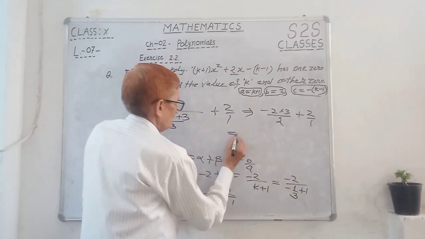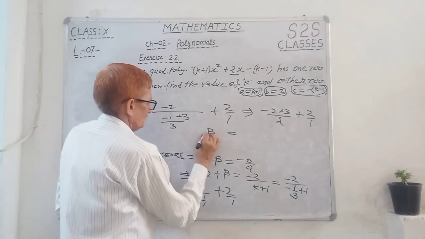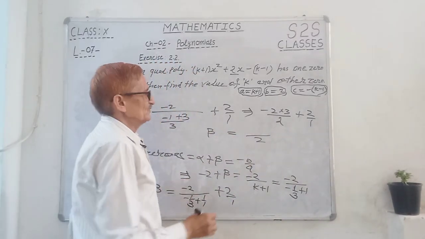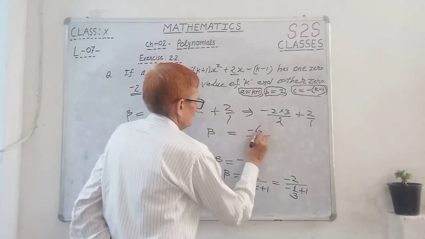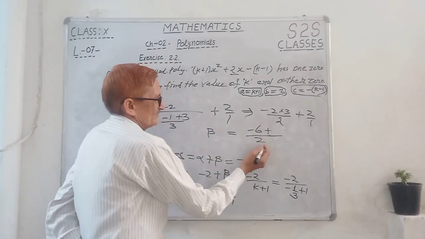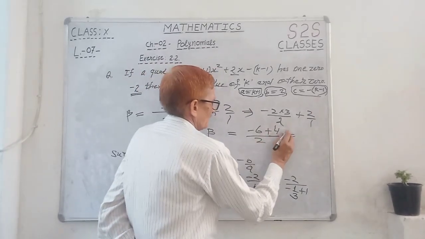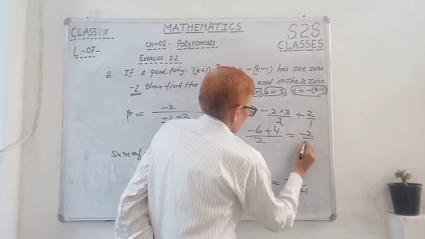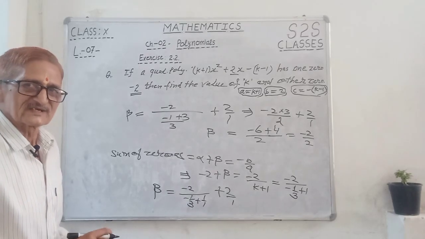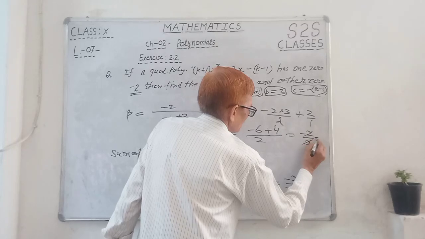Then take the LCM, which is 2: minus 2 into 3 is minus 6, and plus 2 into 2 is 4. Then minus 6 plus 4 will be minus 2 upon 2, and dividing by 2 gives minus 1.